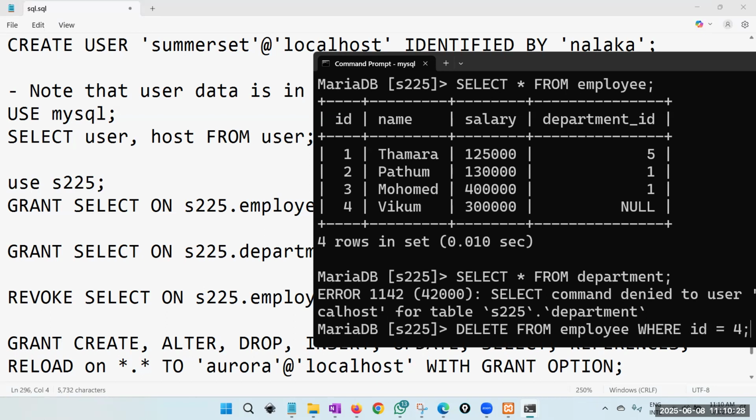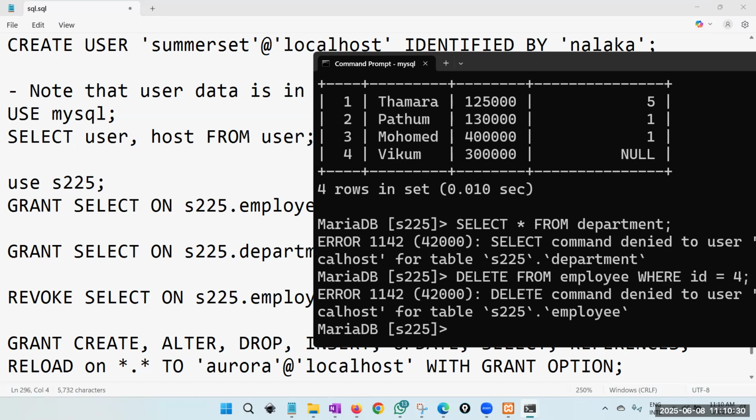Right? It says, no, you can't delete because you are given only select privilege. That is how user-based authorization works.